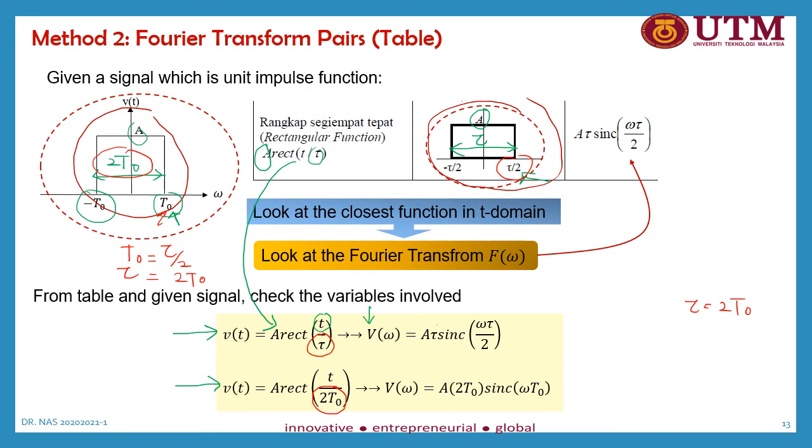A tau, so now you know that your tau equals 2 T naught. So replace tau with 2 T naught. Sinc function omega tau over 2, so omega tau over 2 is equal to omega T naught. Now you can simplify your equation. So in this case, when you have a rectangular t over 2 T naught, the Fourier transform equals this equation.